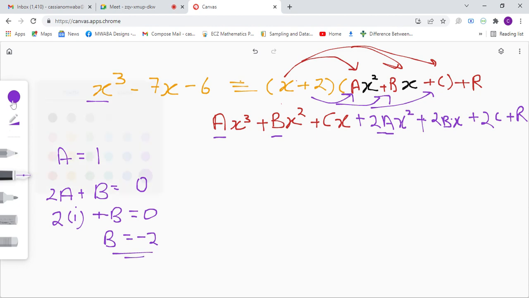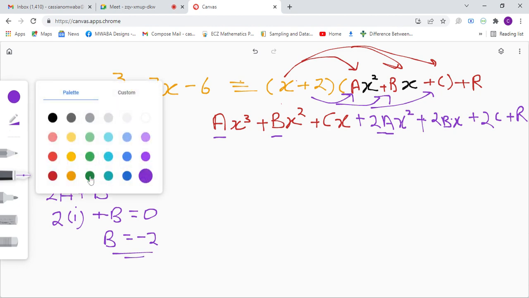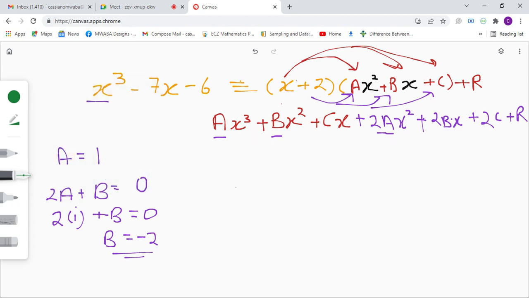Next, we look at the coefficients of x. On our left-hand side, we have negative 7 as a coefficient. On our right-hand side, we have c and 2b. So we say 2b plus c equals -7.